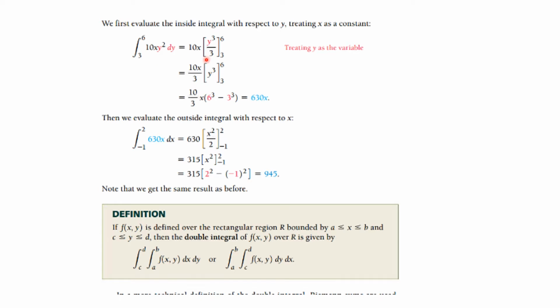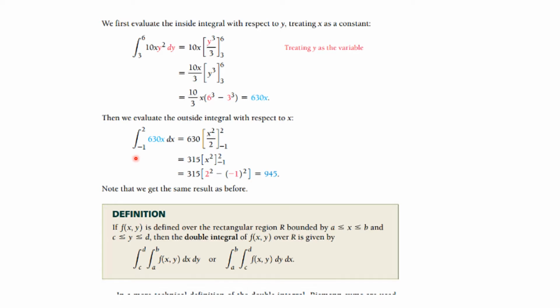That means x is a constant, so I pull out the 10x. I add 1 to the exponent, divide by the new exponent, and I use the fundamental theorem of calculus to evaluate that. And I get 630x for evaluating the innermost integral.